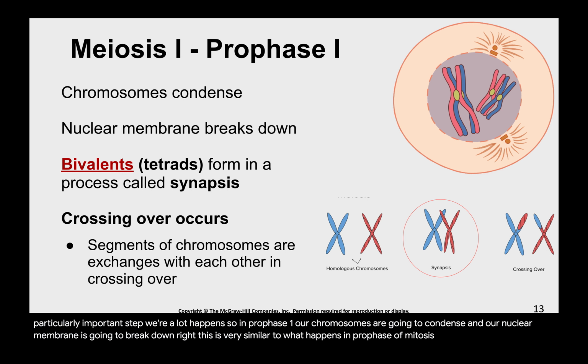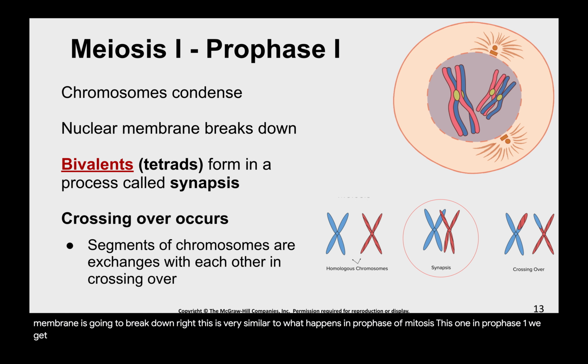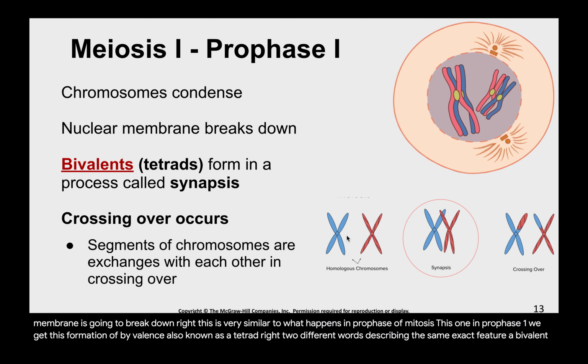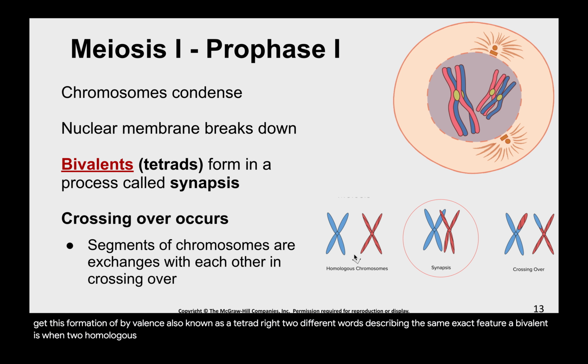However, in meiosis 1, in prophase 1, we get this formation of bivalents, also known as a tetrad. 2 different words describing the same exact feature. A bivalent is when 2 homologous chromosomes come together in a process called synapsis.